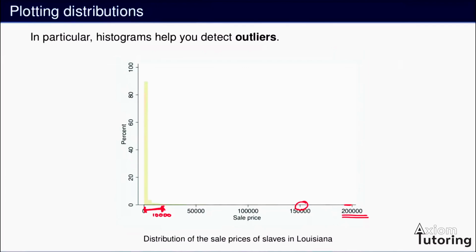Because those values are going to completely skew our analysis. So here, the fact that we just see that very big bar and then almost no observation anywhere else is an indication that there's an issue with outliers.